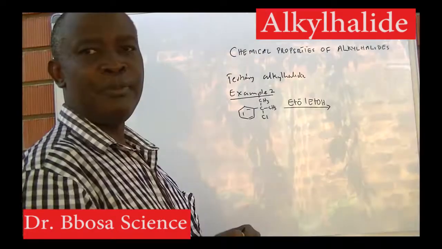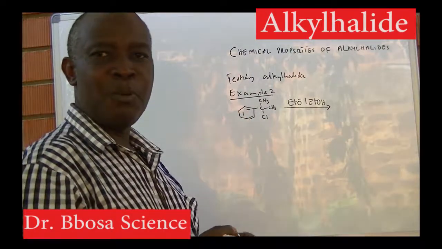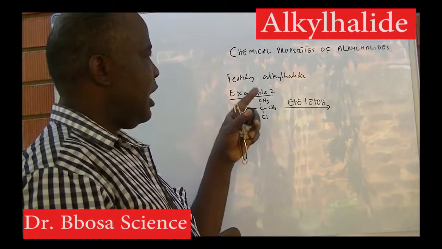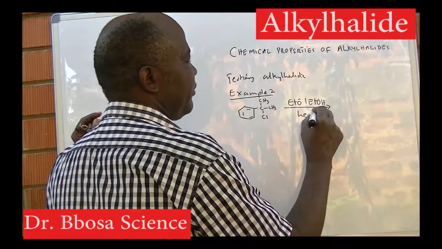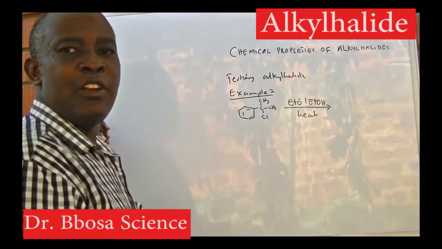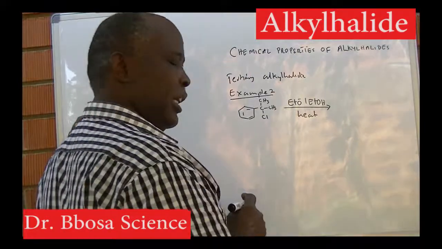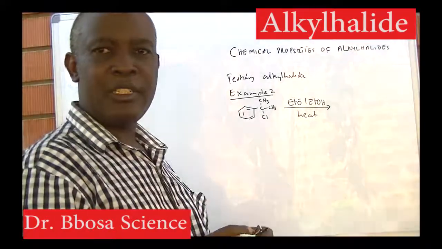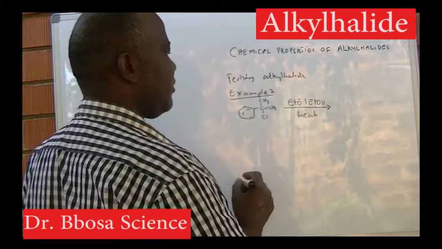Example 2, 2-chloro-2-phenylpropane reacts with hot ethanolic potassium hydroxide to form an alkene. You can pause, complete, and then write a mechanism.